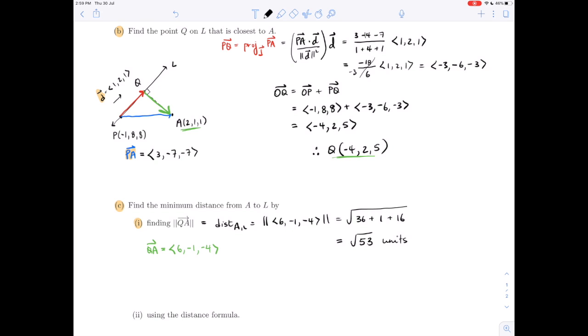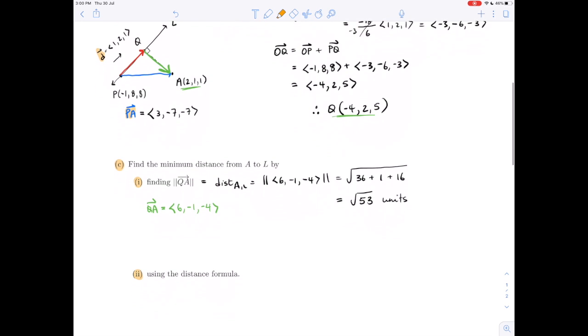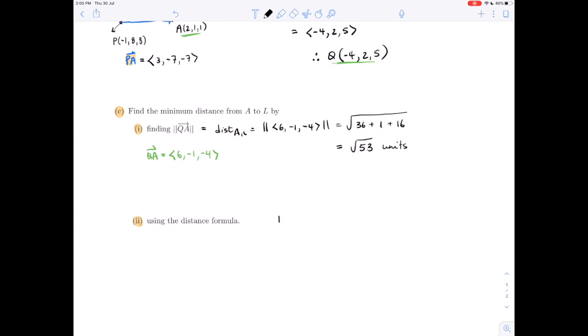Now we're going to do the distance formula, and we should get the same answer because we're calculating the same distance, obviously. So let's remind ourselves what the distance formula was that we saw in the last video. The distance from A to L can also be calculated as the norm of PA cross D divided by the magnitude of D. So we have to calculate the cross product.